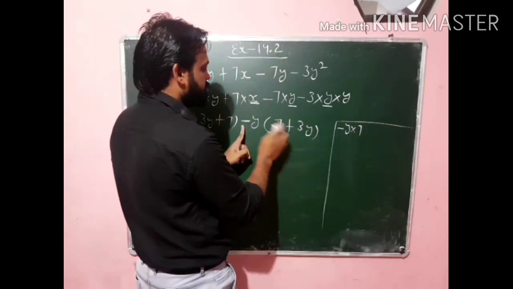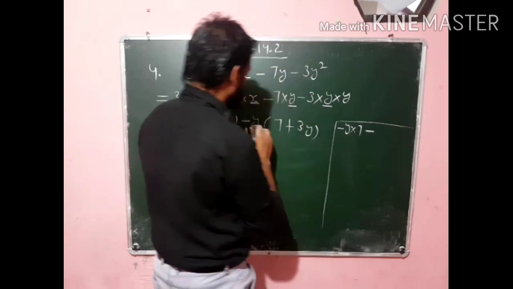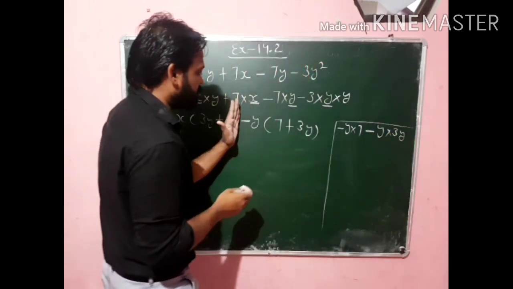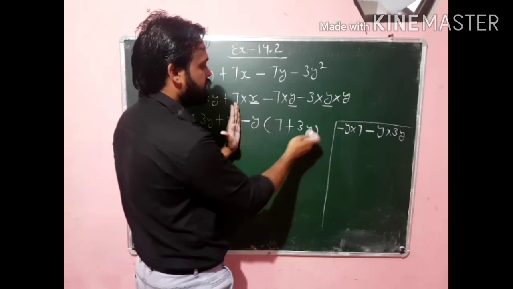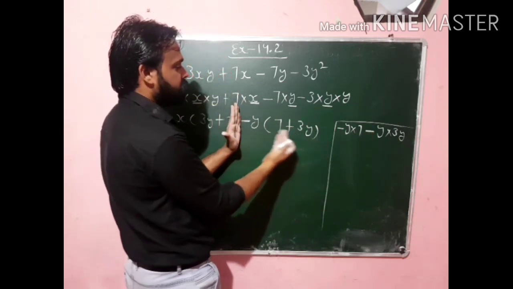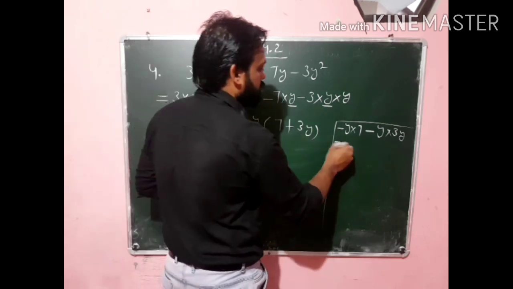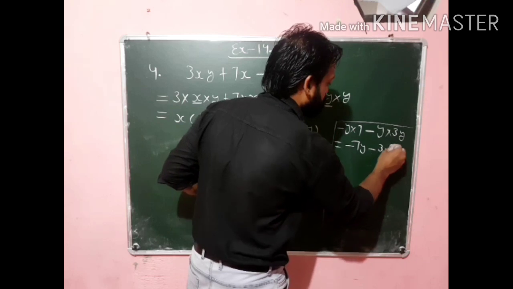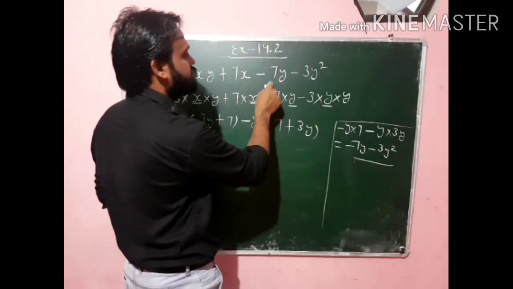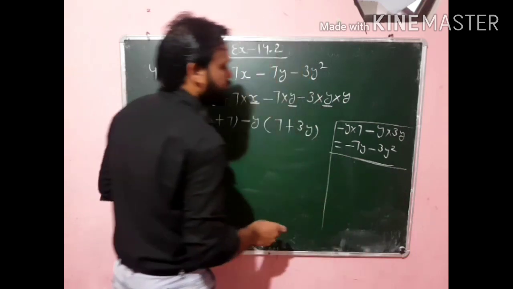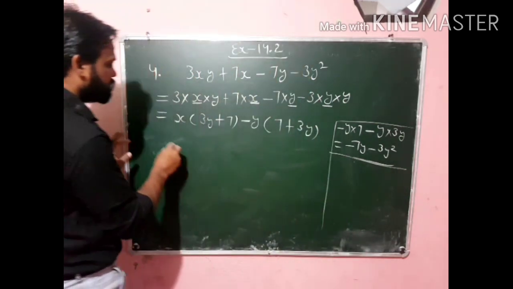Then the next step is plus minus is minus, this y multiplied by 3y. So after solving it will become minus 7y and minus 3y raised to power 2. So we got minus 7y minus 3y raised to power 2. By doing this you can also verify. So I hope this is clear to you.